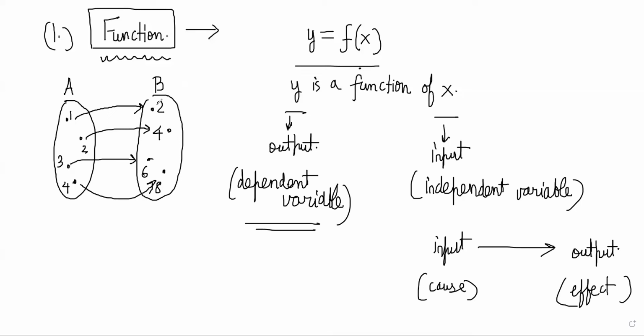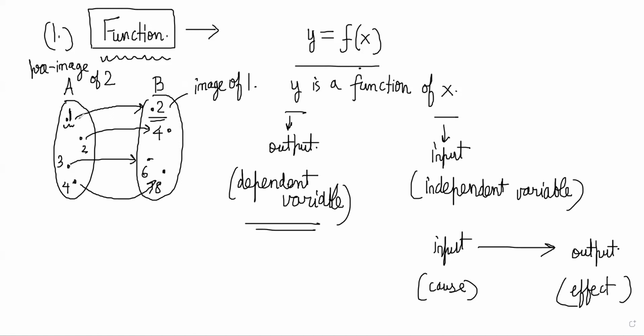So basically this diagram is telling us that 1 is linked to 2. This is known as the image of 1, right? And this one is known as the pre-image of 2. Do you understand what I'm saying?